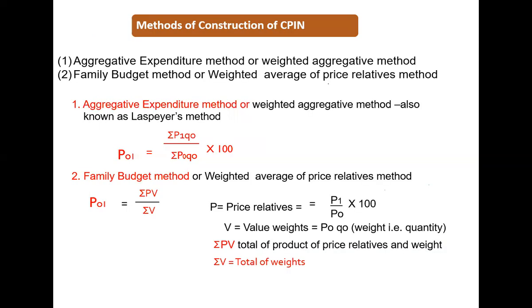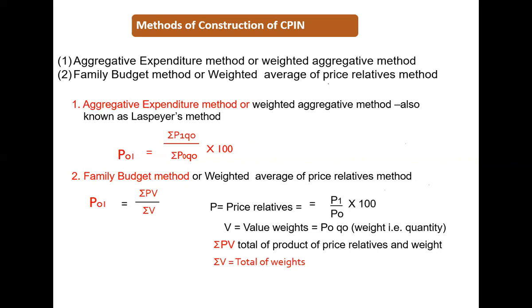Good. Now we want to look at the two techniques. The first one is the aggregative method, which you have already looked at, okay. Good. So aggregative method is the Laspeyres technique. You've seen that already. And the family budget method is also stated below.